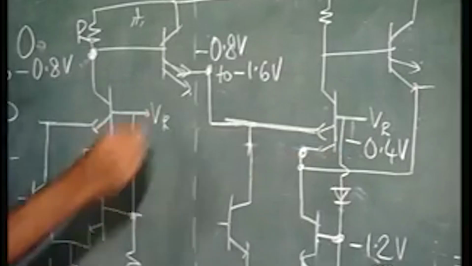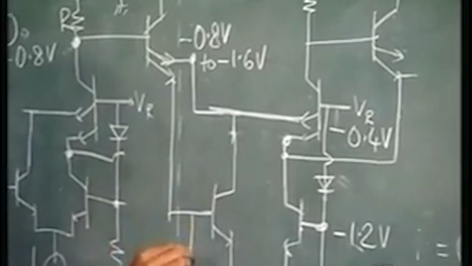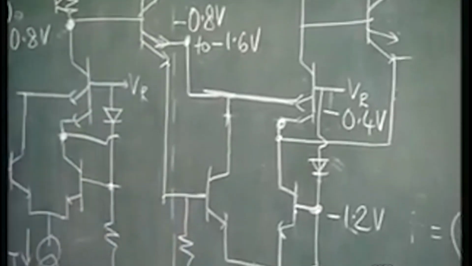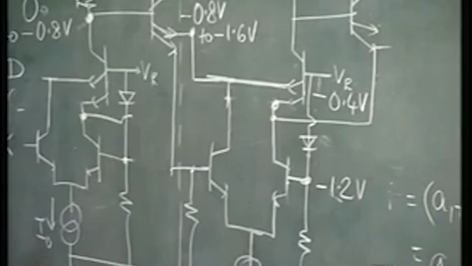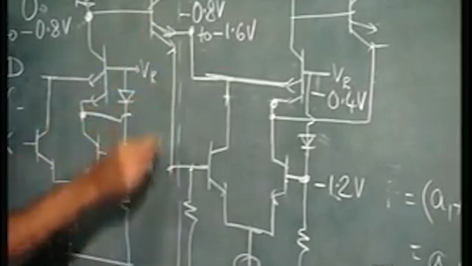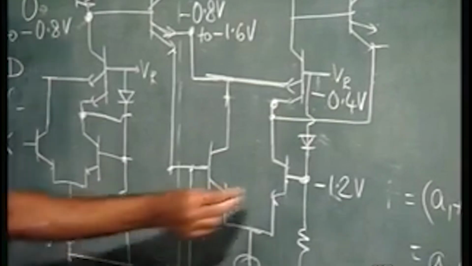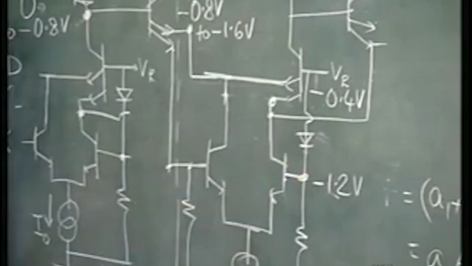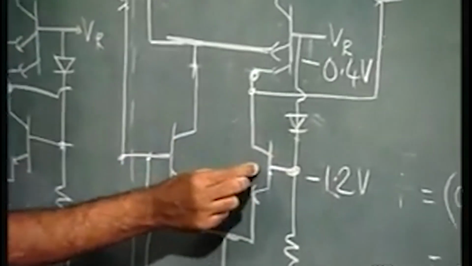Suppose you have another input and you feed it directly here. Actually, you must have a resistance connected here at the base, sorry I did not write it. So, now suppose you feed it here directly at the base. Now, what happens? You see this voltage here is minus 1.2 volts. So, this again is an emitter coupled structure, this transistor and these two transistors.